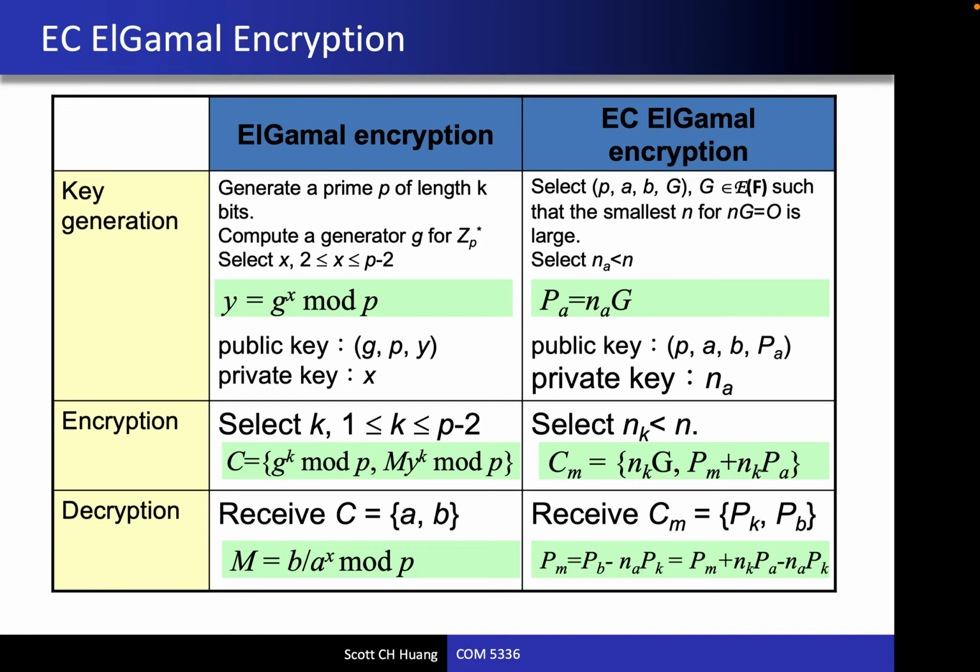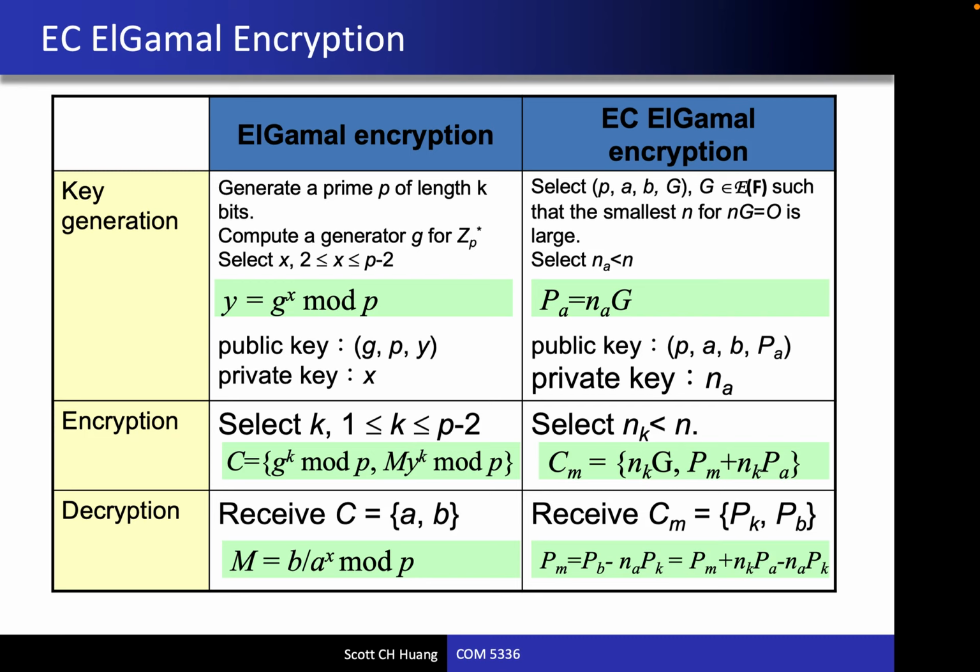Okay, so the original version is this. ZP star. So we have to have a P and then generator G. Okay, now it becomes public information of an elliptic curve. Now it's P, A, B, G. So if it's an elliptic curve over a prime field, then you need to have a prime number P. Okay, generator G, the big G, is already contained in the curve.